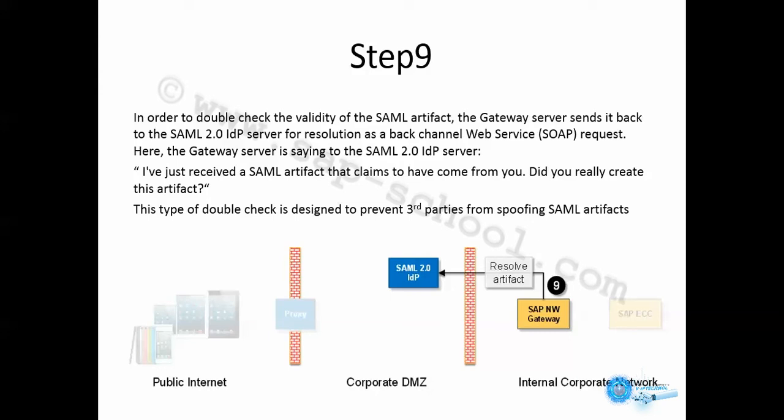But if the user logs off, closes the window, or the session times out, the authentication process has to be followed again so that the user is authenticated again. So this is how SAML 2.0 works for authenticating the user.